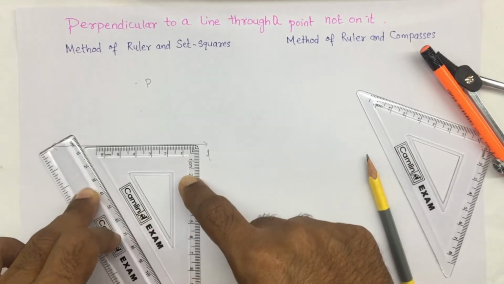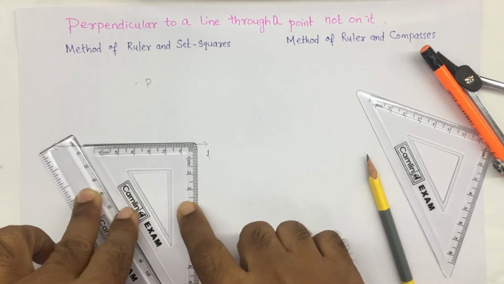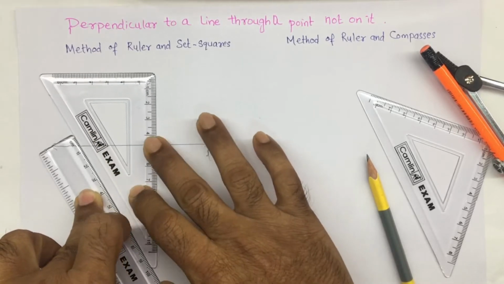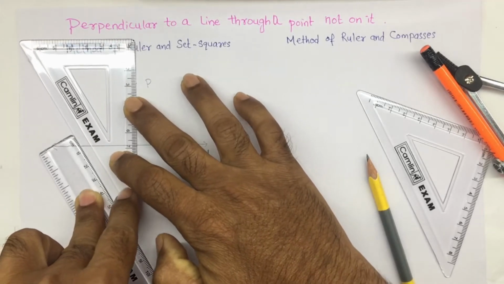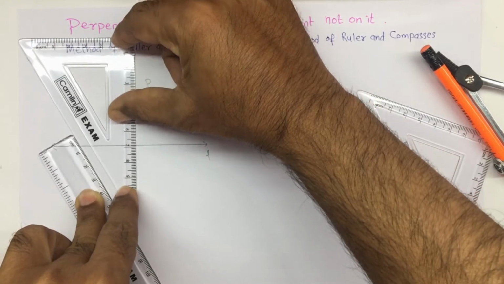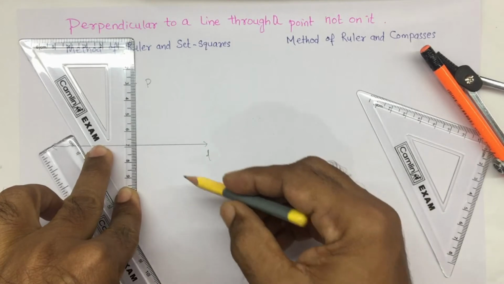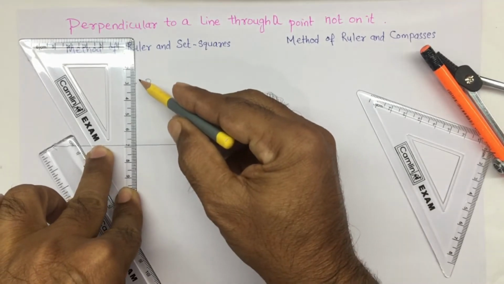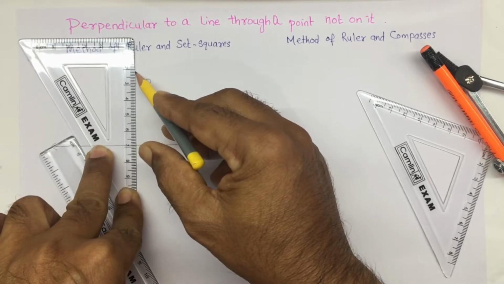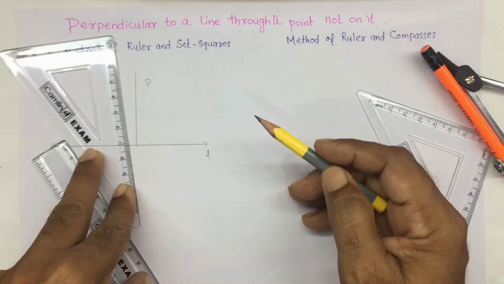Now you can move the set square until you reach the point P. See, we have reached the point P, where it is just passing through that point P. So, through that point you draw a straight line along the edge of the set square.